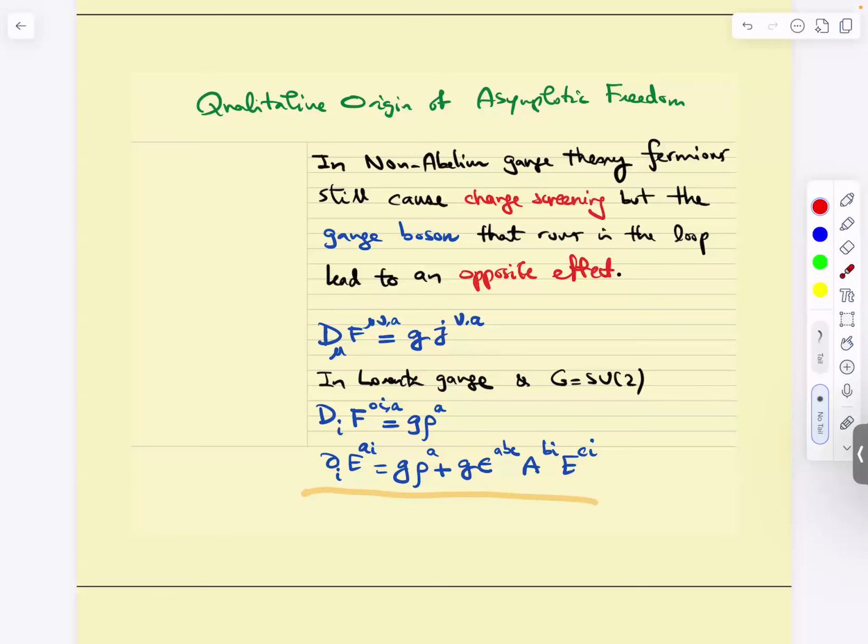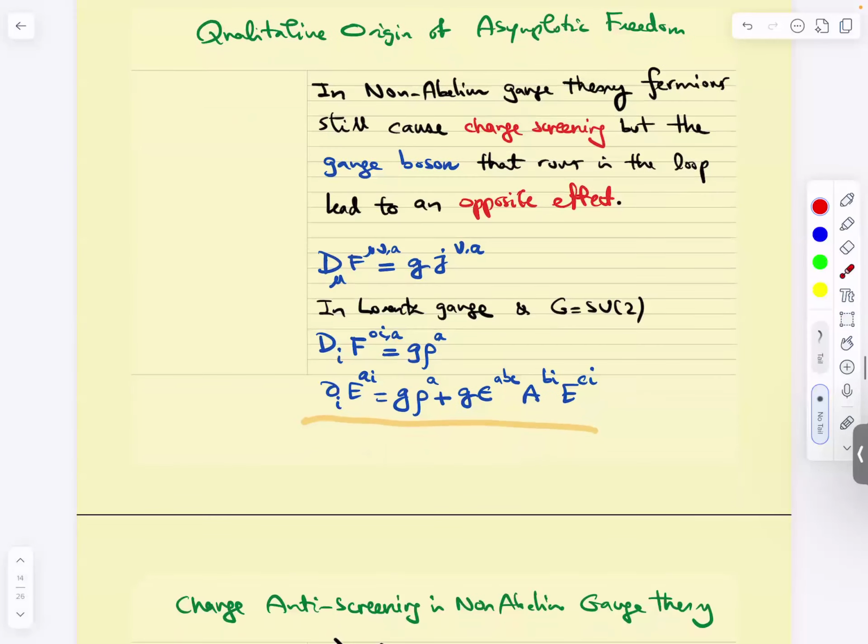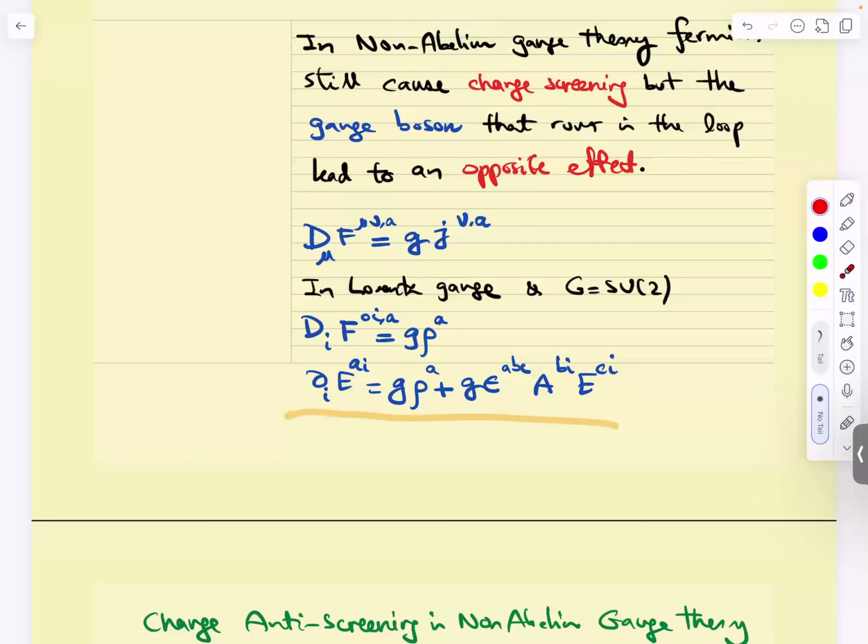We're going to do this in the Lorentz gauge and for SU2. So we're going to have the divergence of F0iA equal to g rho A. This is the analog of the electric field, the non-abelian electric field, if you wish, and this is the non-abelian electric current. Of course, these are Lie algebra valued, therefore they're not gauge invariant, as opposed to the electric field in U1 gauge theory, in QED.